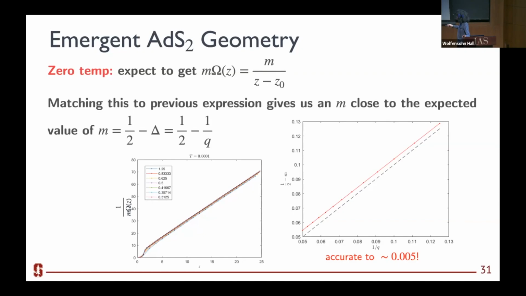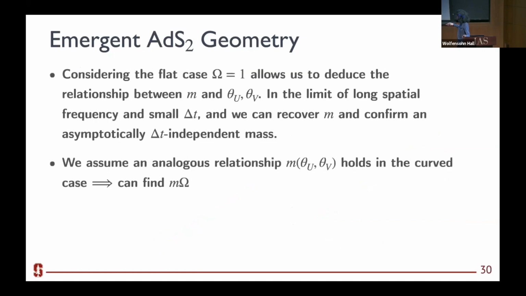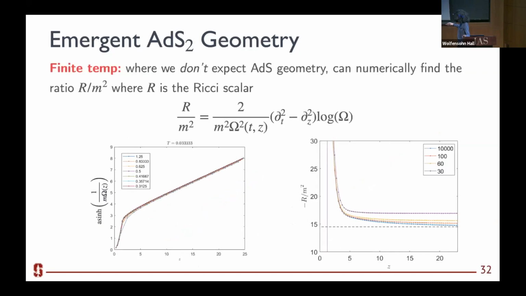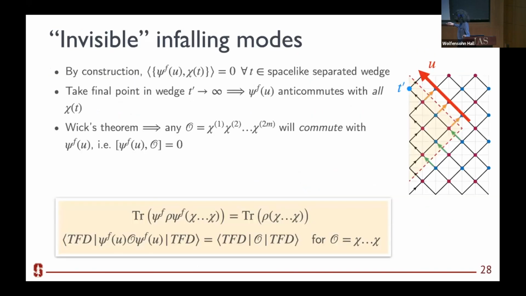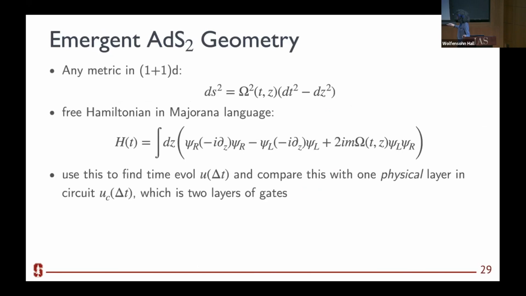There's the discretization, but also, extracting the expressions for m and omega in the first place requires us to write down this unitary for some time delta t, in a particular limit.